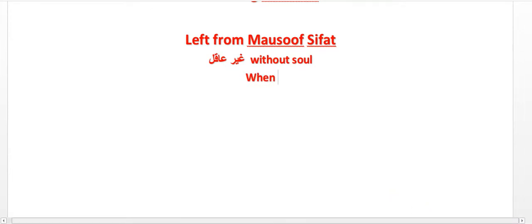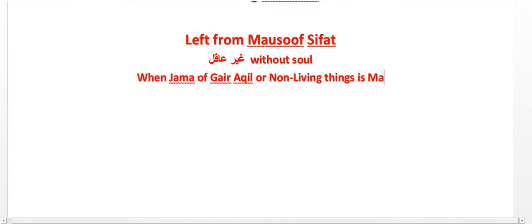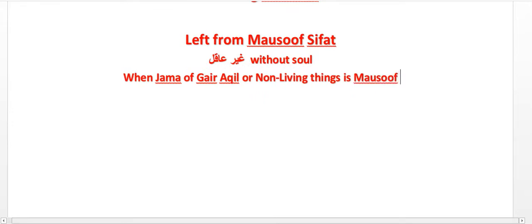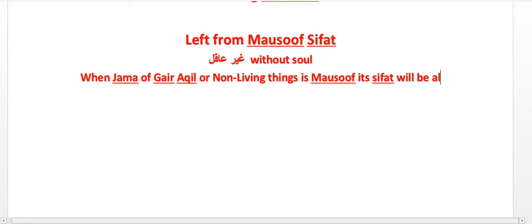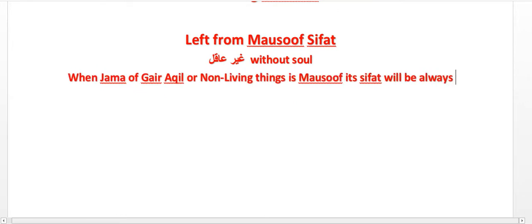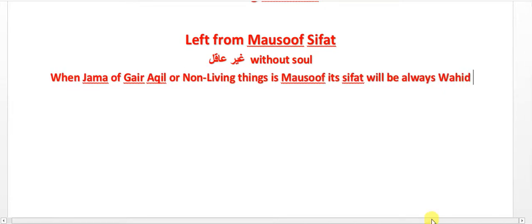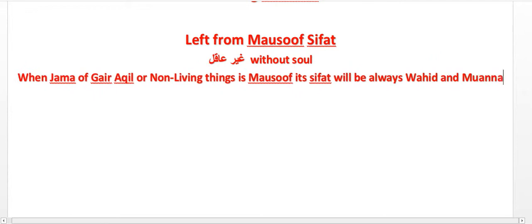Now the rule is that when jama of ghair aqil, or you say non-living things, when jama of ghair aqil or non-living things is mawsoof, its sifat will be always wahid and muannas.